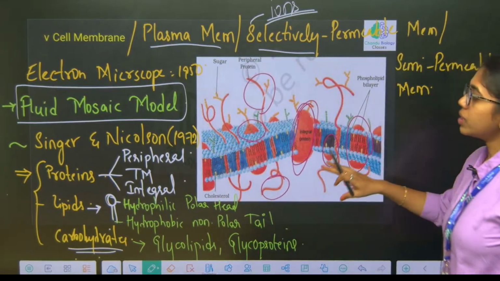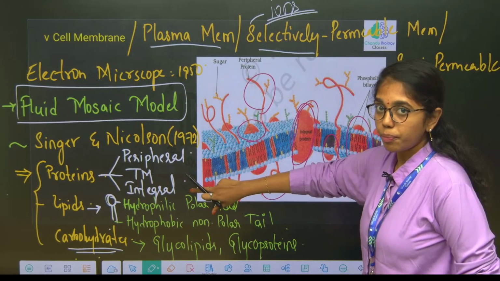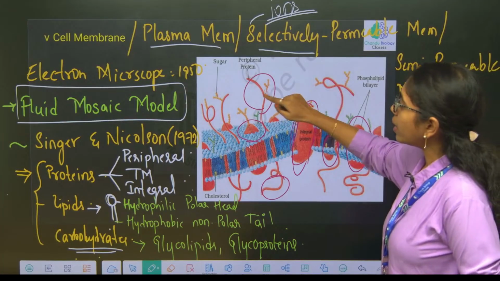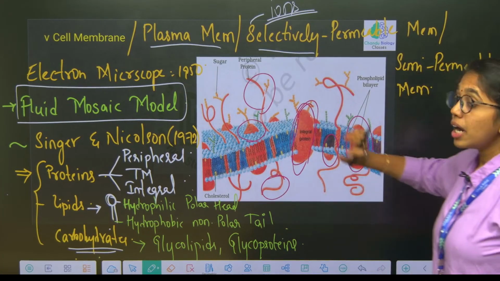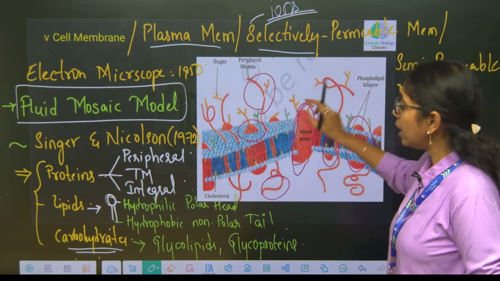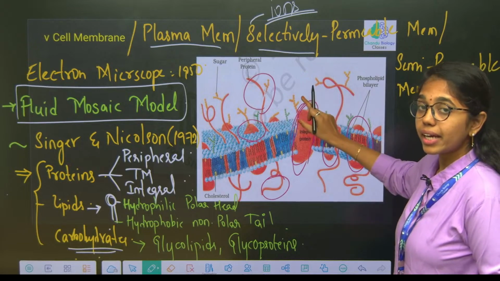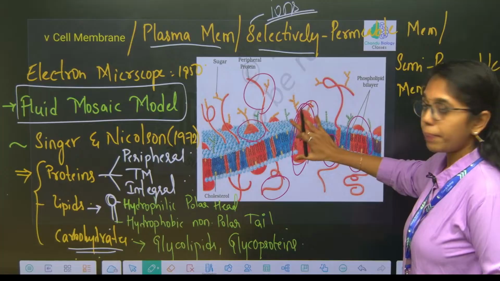So here we have peripheral proteins, transmembrane proteins and integral proteins. Peripheral proteins are present on either side of the plasma membrane. Transmembrane protein channels will transpan either one side or both sides. Integral proteins are embedded inside the lipid bilayer.